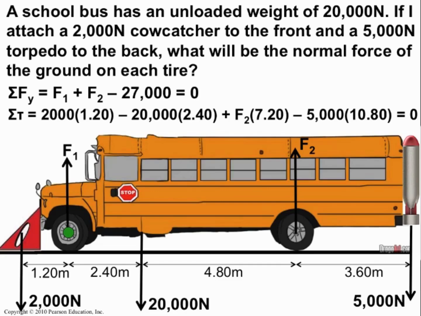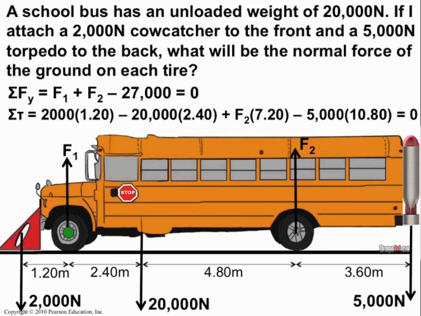All right, only one more torque to account for, and that would be the torpedo torque. If I look at this torpedo, I've got the 5,000 newton force going straight down, at a distance from the green dot, the axis of rotation, of 10.80 meters. You can count these up and verify: 2.4 plus 4.8 plus 3.6 is 10.8.